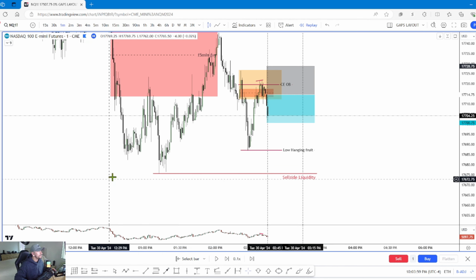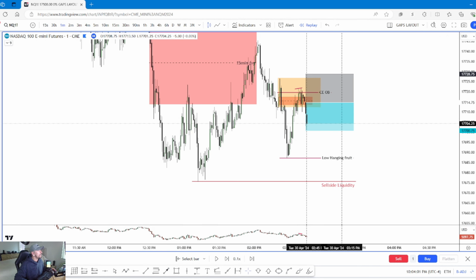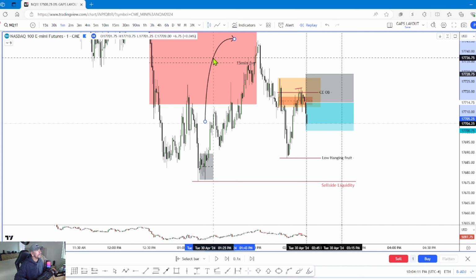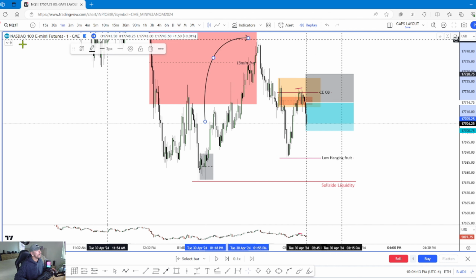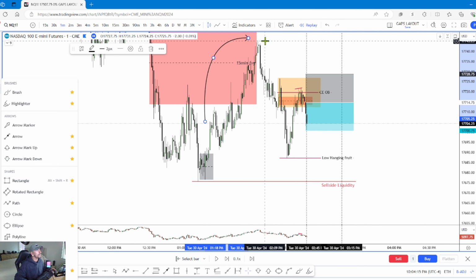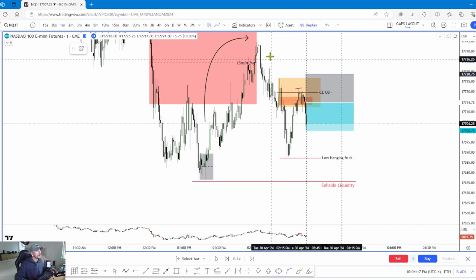Okay. This is also a market maker sell model. We have a small original consolidation in here. Buy side of the curve. And now we're creating the sell side of the curve.